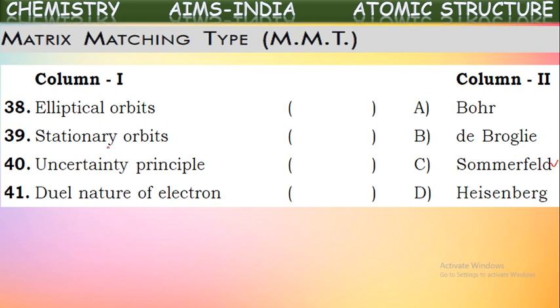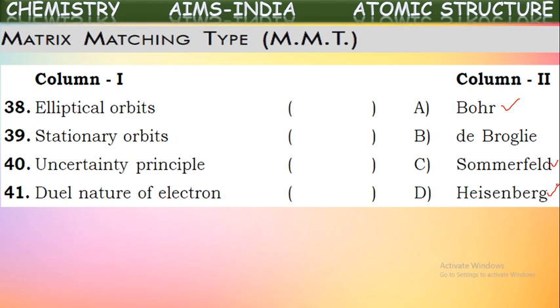Next one, stationary orbits. The concept of stationary orbits was proposed by Niels Bohr. Bohr proposed stationary orbits. What about uncertainty principle? Uncertainty principle was proposed by Heisenberg. Heisenberg proposed uncertainty principle. What is the last one? Dual nature of electron.